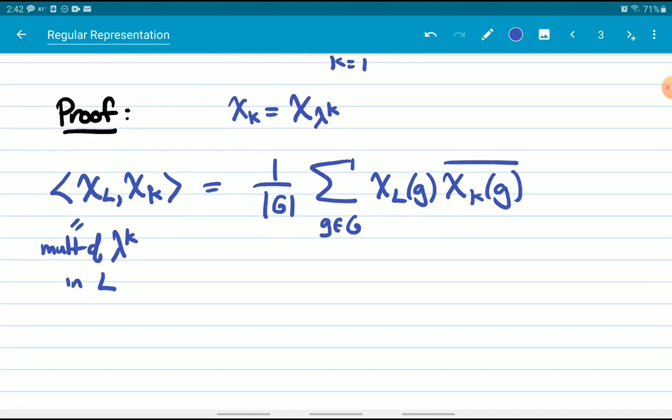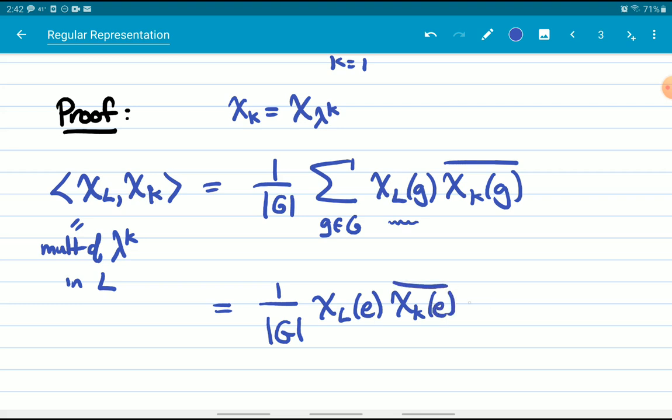Now, we also have a formula for the character of L. In fact, it pretty much always vanishes except on the identity element. So we only get one term coming from the identity element. We also know what the value is on the identity element. It's the dimension of the representation, which is the order of G. And we also know that the value of the other character on the identity element is its dimension, the dimension of that representation. So that works out to dk. dk is a real number, of course. And that's our formula. That's the multiplicity.